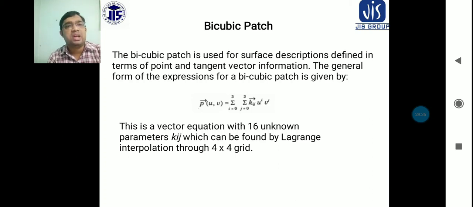The general form of the surface expression for a bicubic patch is given by P(u,v) equals the summation from i equals 0 to 3 and j equals 0 to 3 of k_ij vectors u^i v^j. This is a vector equation with 16 unknown parameters k_ij, which can be found by Lagrange interpolation through a 4 by 4 grid.